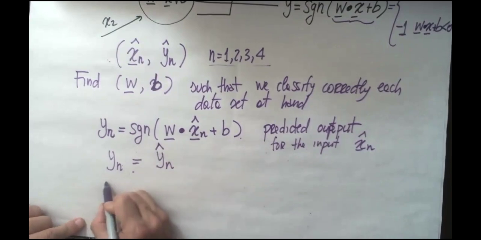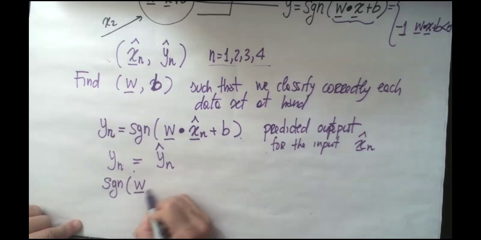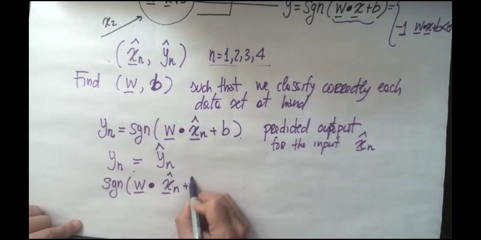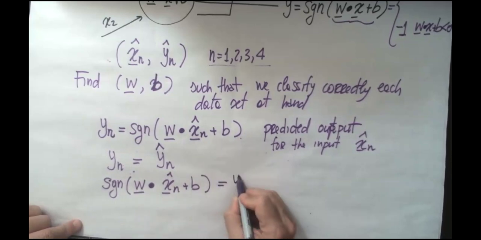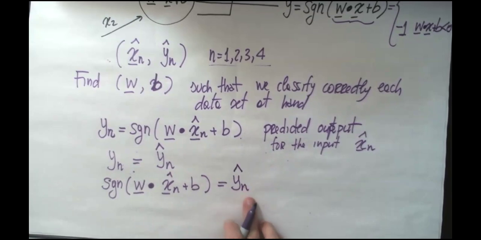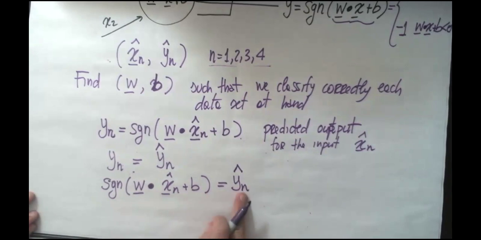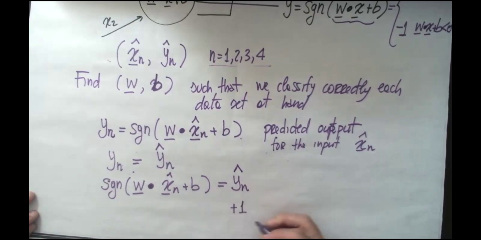This means that the sign of W dotted xn plus b has to be equal to the data label for a given data point, and this has to be true for all four. And let's remember that this label can be just +1 or -1.